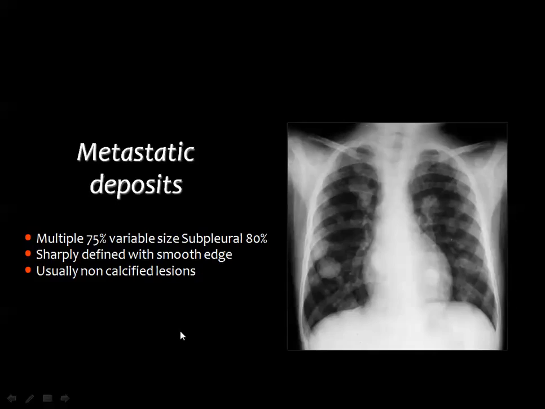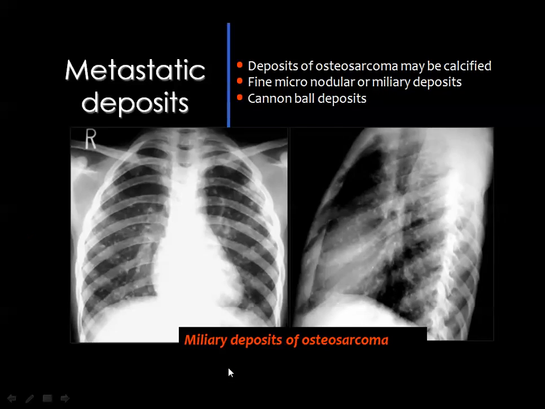And this finding in adults and also in the pediatric patients is suggestive of metastatic disease, even if we don't know that the patient had a primary malignancy. But if we know that there is a primary malignancy, this will support the diagnosis.